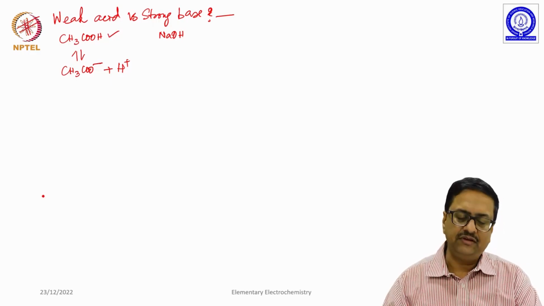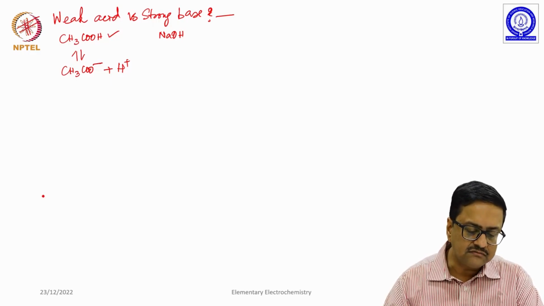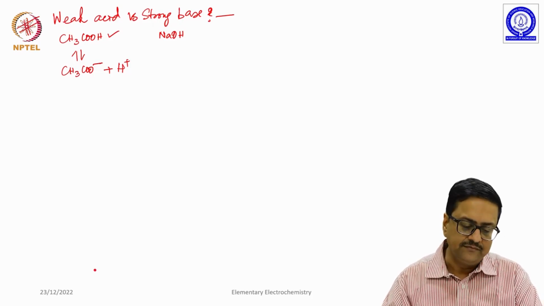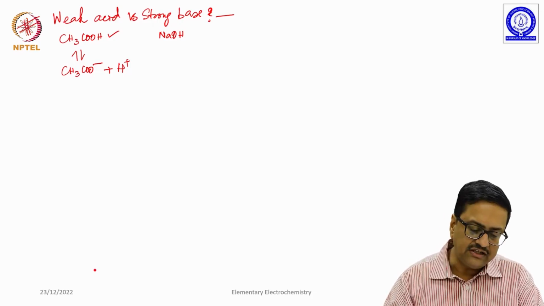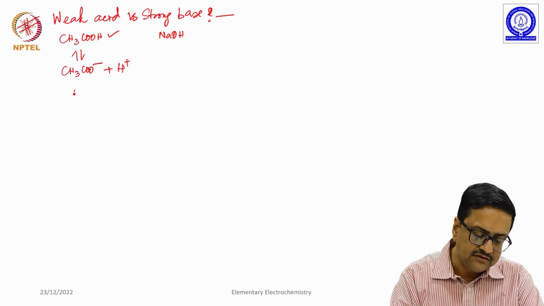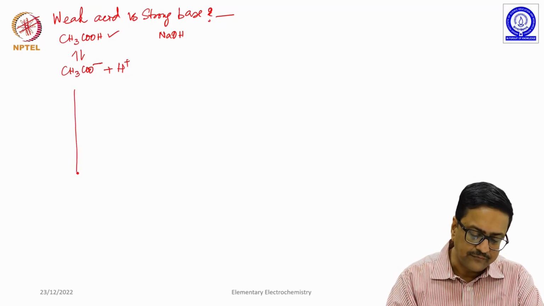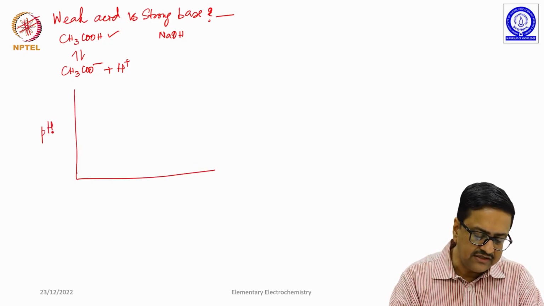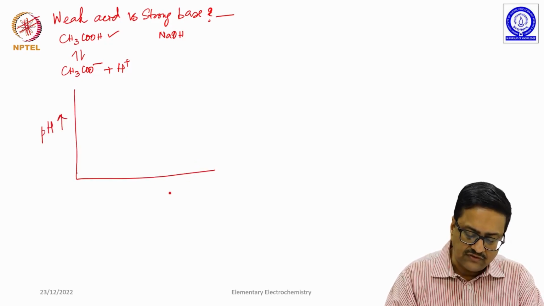So, if you do the same experiment using acetic acid in place of HCl, you are going to see something different. You need to take the reading in the same way as I discussed a little while ago, and you will then plot this pH versus volume of NaOH.